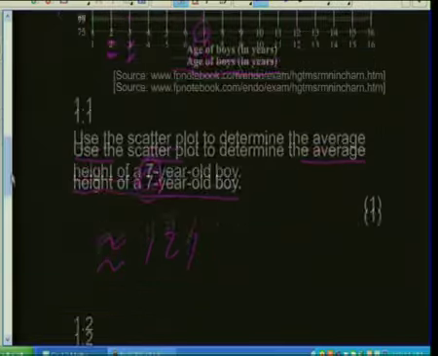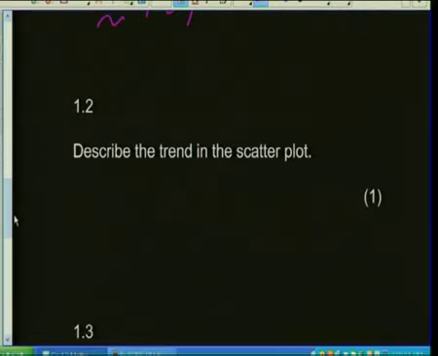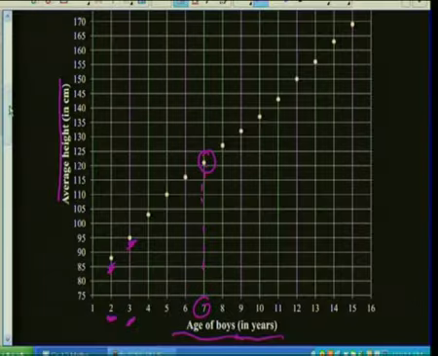Okay, good. And the next question, describe the trend of the scatter. What does it mean? By looking at these dots, what can we describe here? Let's say these dots were all over the Cartesian plane, I mean, there'd be no correlation.